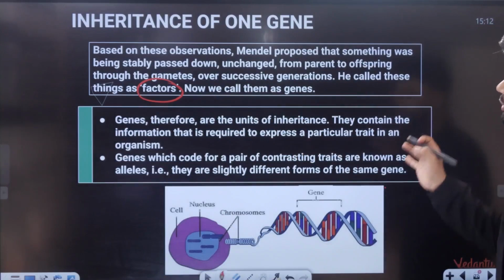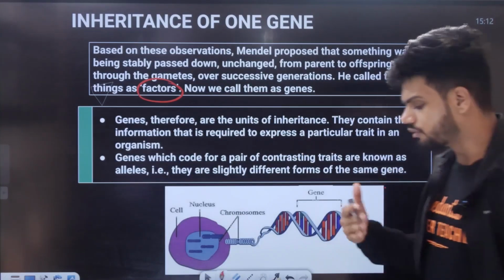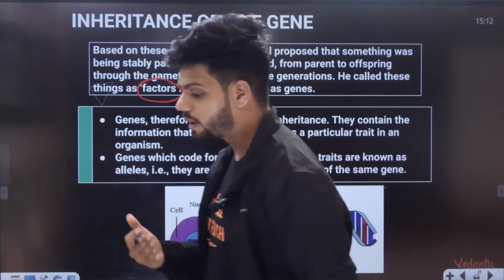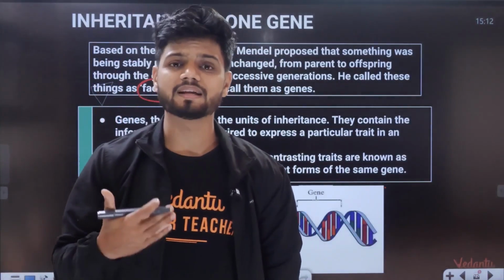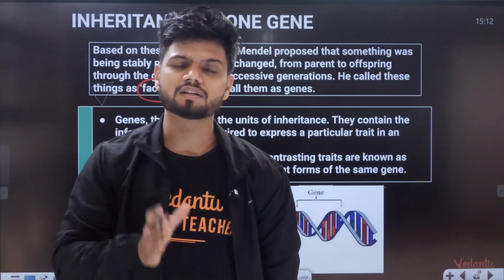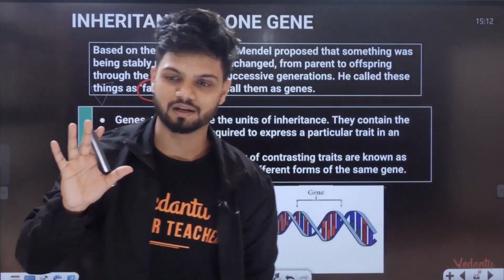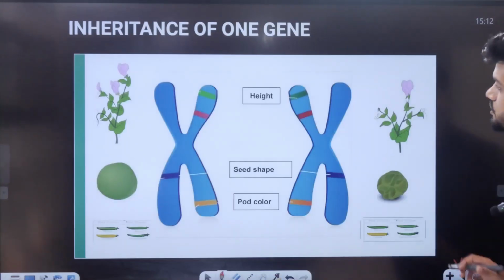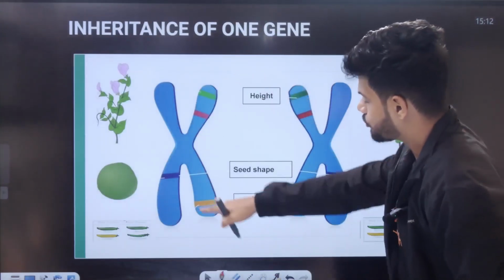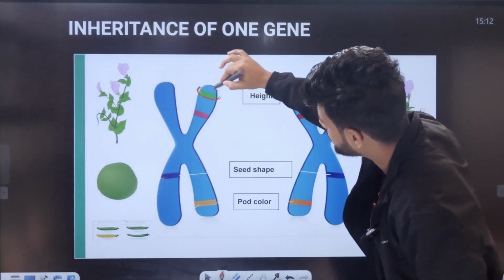They contain the information that is required to express a particular trait in an organism. So all the information, how I talk, how I walk, how I say things, if I have any diseases, everything is stored in the genes itself. Now, students, where are genes? If this is the chromosome, on the chromosome there is a segment where we have genes.